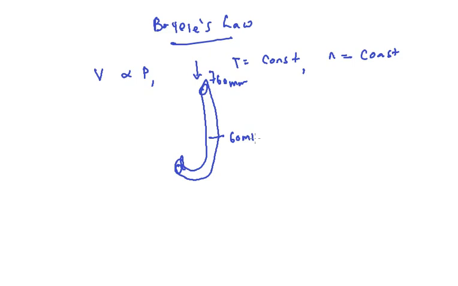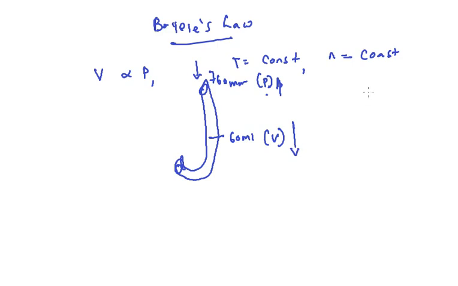The idea is that if you increase the pressure, instead of 760 millimeters, you make it twice 760 millimeters. So adding pressure is decreasing the volume.